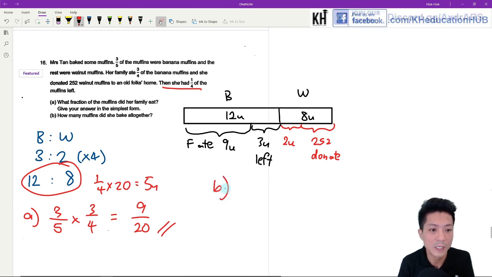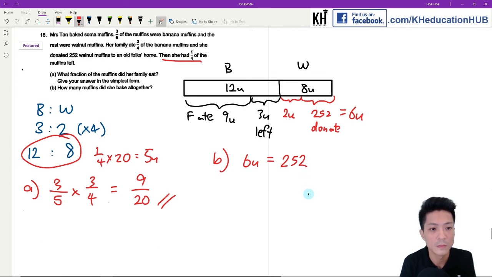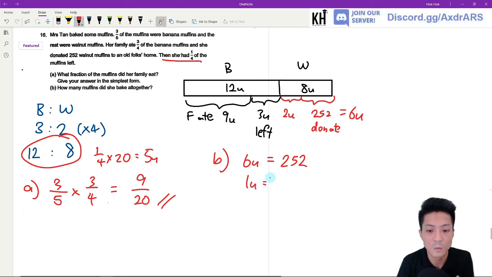For part B, how many muffins did she bake altogether? So we know that this is 6 units. 6 units is equal to 252. From here, we can find what is 1 unit. 252 divided by 6.